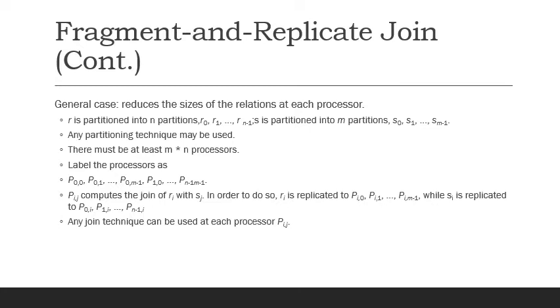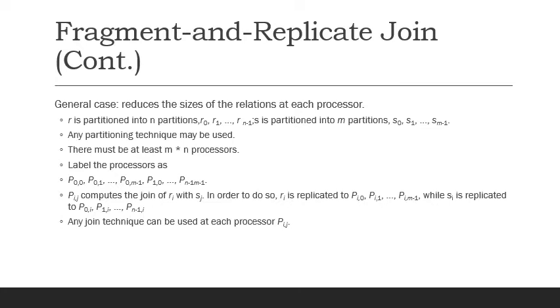As before, any partitioning technique may be used on R and S. The values of m and n do not need to be equal, but they must be chosen so that there are at least m times n processors. Asymmetric fragment and replicate is simply a special case of general fragment and replicate, where m is equal to 1. Fragment and replicate reduces the sizes of the relations at each processor compared to asymmetric fragment and replicate.